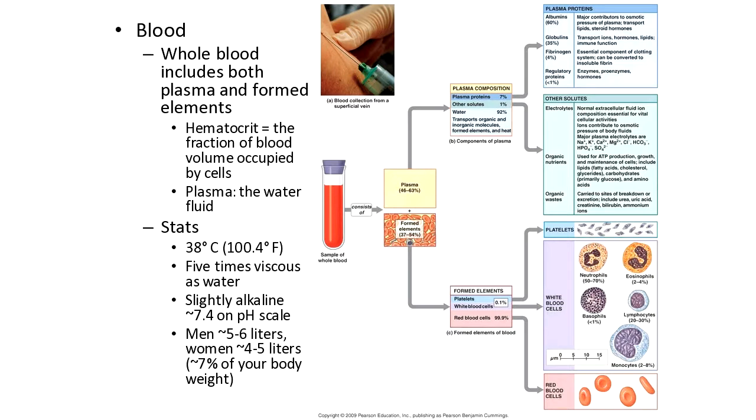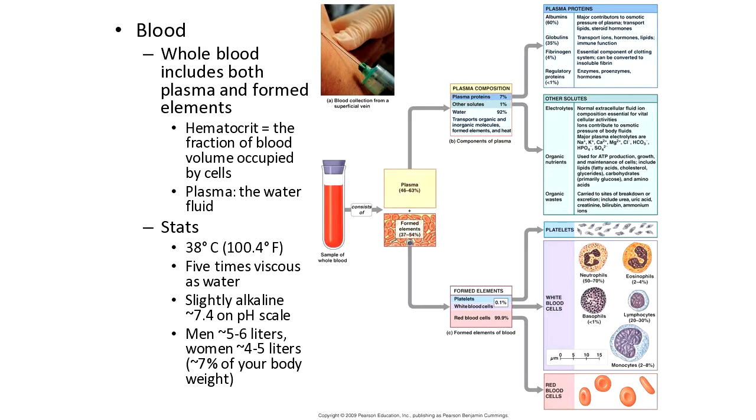Okay, so one of the things we can do to start to take whole blood and separate it into its components is we can centrifuge it. And remember from physics that centrifugation is a circular force, and as you spin something for a period of time under those circular forces, things that are heavy are going to move towards the bottom of a tube, and things that are lighter will move to the top.